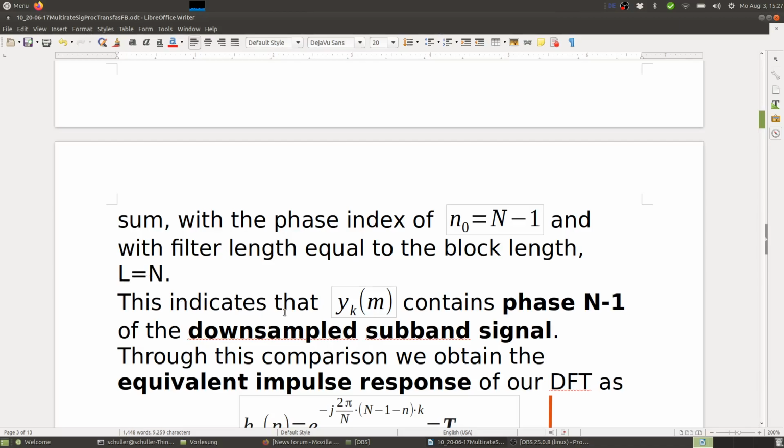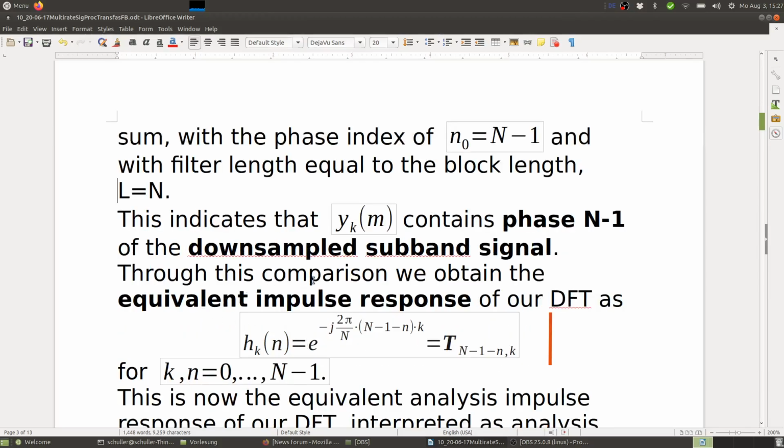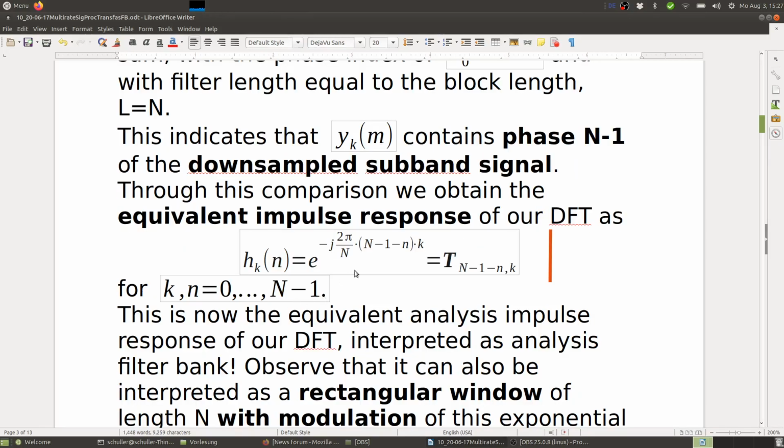So this indicates that yk of m contains phase N minus 1 of the downsampled subband signal. Through this comparison, we obtain the equivalent impulse response of our DFT as this. So indeed we get the time reversed transform kernel here. We have e to the minus j 2 pi over N, and then instead of n we have N minus 1 minus lowercase n times k.